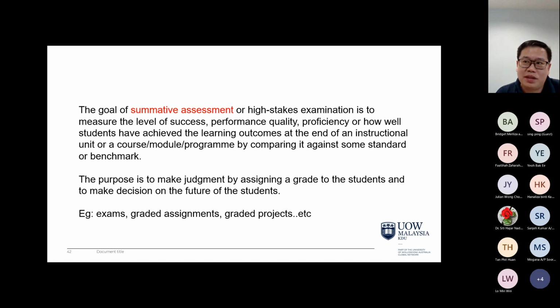All of these are summative. It impacts the final grade that you are being evaluated on, okay? So formative is constant, summative impacts the final grade, okay?